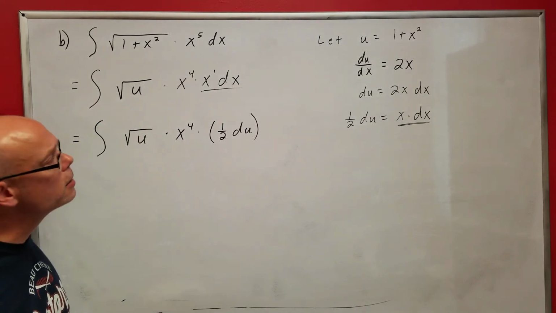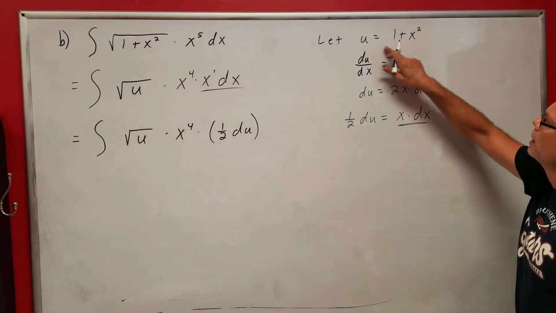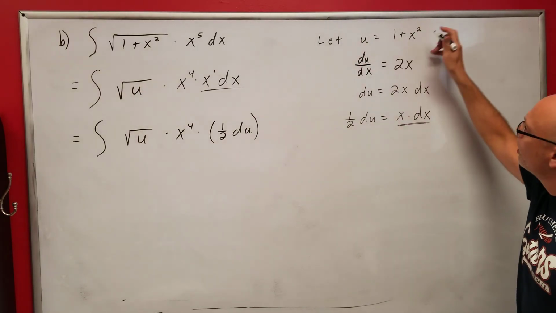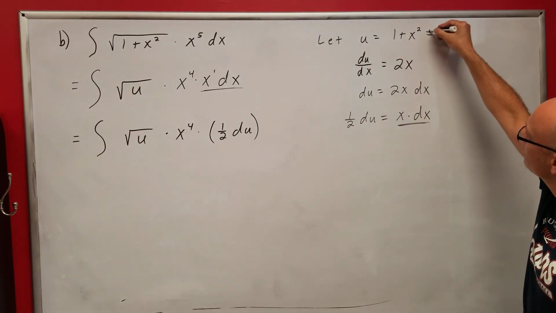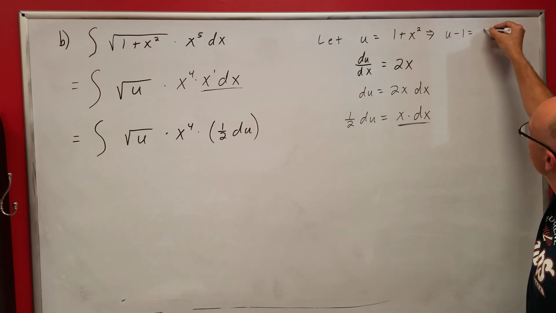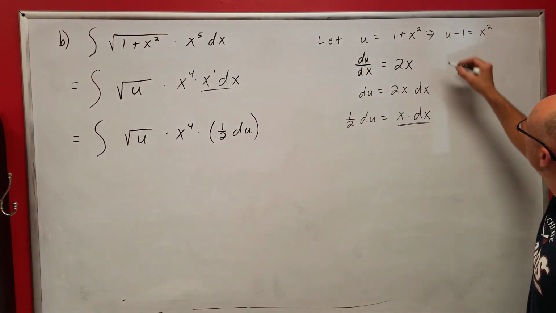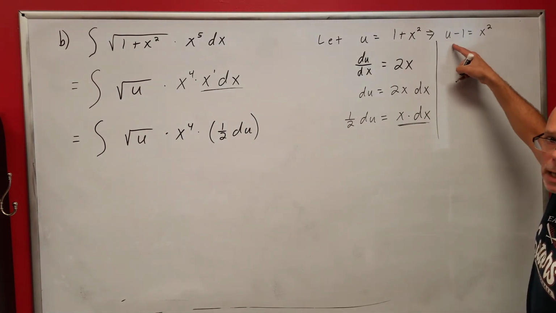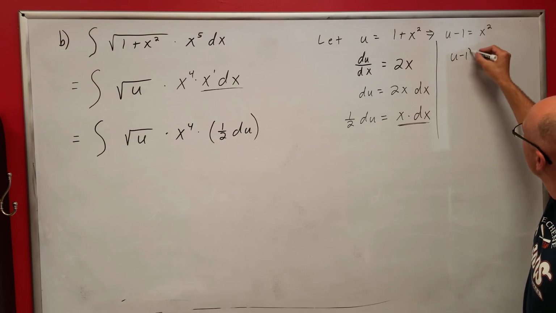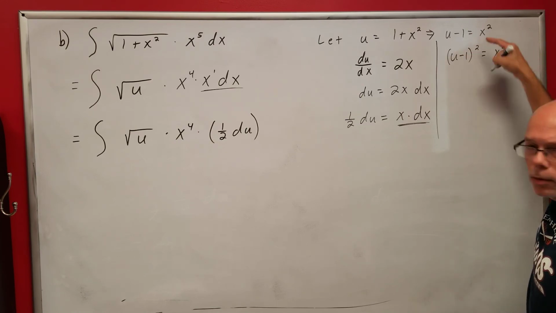Well, let's go back here and solve this small equation for x squared. I'll have u minus 1 is equal to x squared, right? Well, what if I square both sides of this? I get u minus 1 squared is equal to x to the fourth, right?